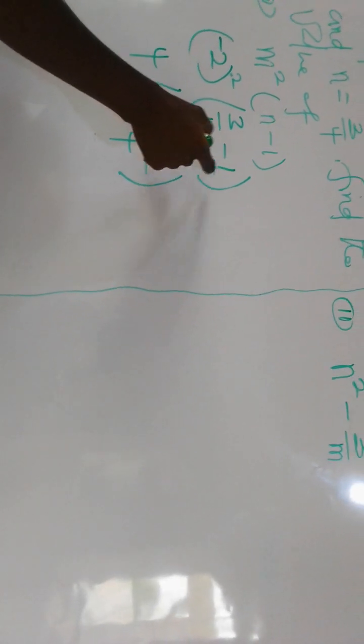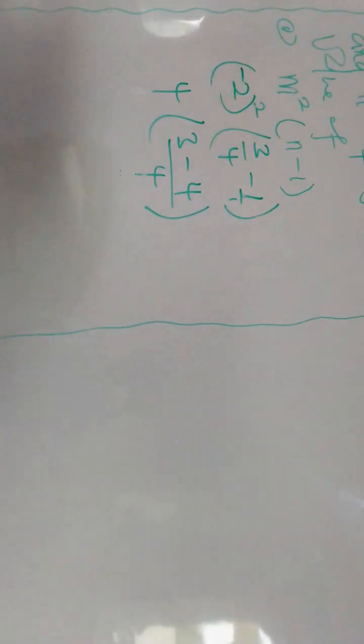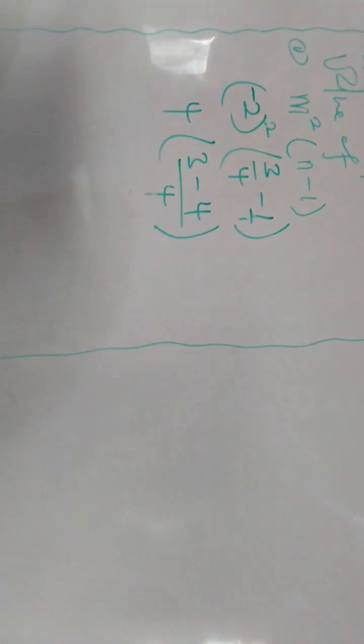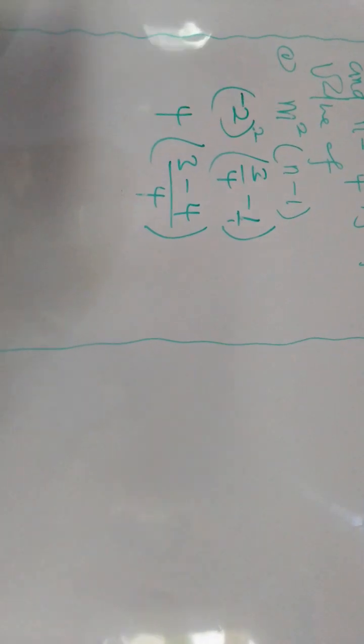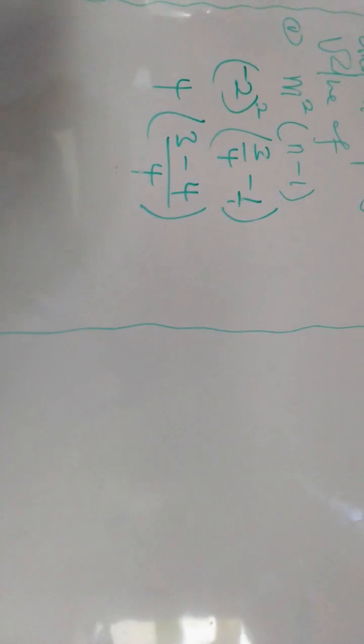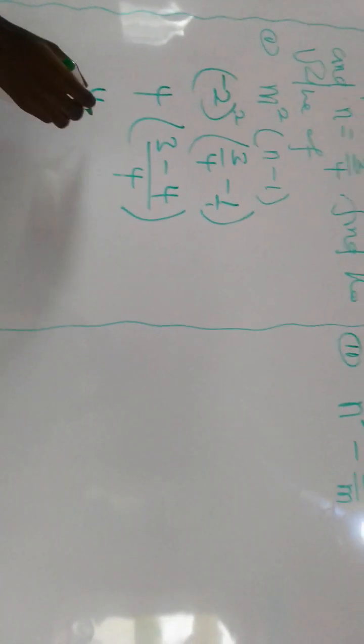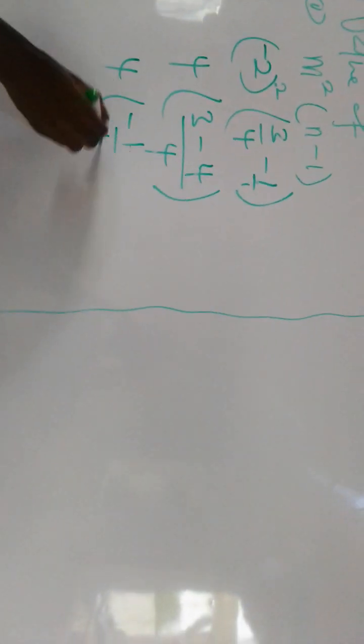Here is over 1. 1 goes here 4, 4 times 1, 4. Good. Now, please and please again, never and never subtract 1 from 3. Please, no, it's a fraction. So you have to find your LCM. So take note. Now, 4 into bracket, 3 minus 4 gives us negative 1 over 4.